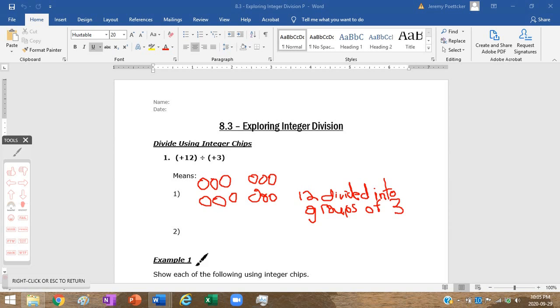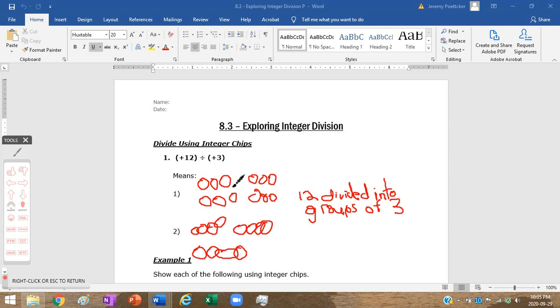So same idea. Here's 3, 4, like I'm dealing cards or something, right? 4, 6, 7, 8, 9, 10, 11, 12.